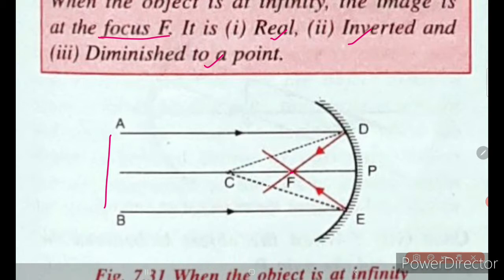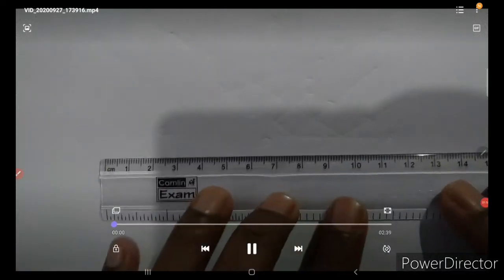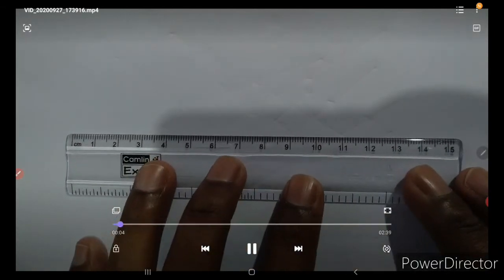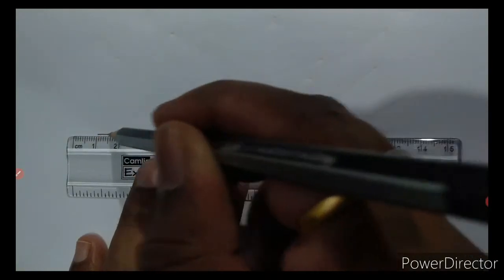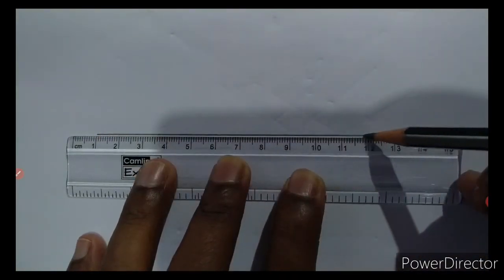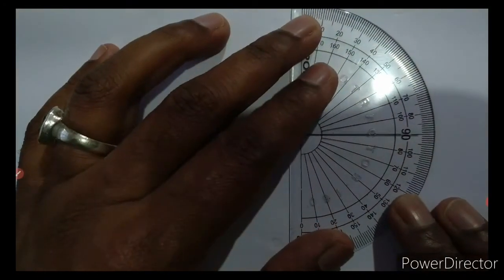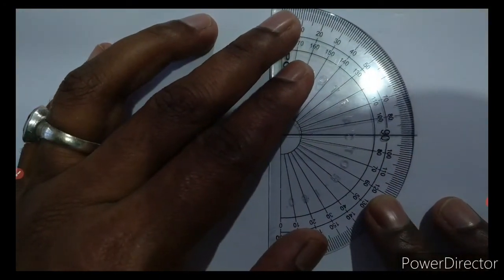So let us learn how to draw this particular diagram. So let us begin. I am taking a ruler and a sharp pencil, and I am trying to draw one line with the help of the ruler and pencil. So I draw a line of any length. This will be acting as my principal axis, on which I need to draw the shape of a concave mirror.